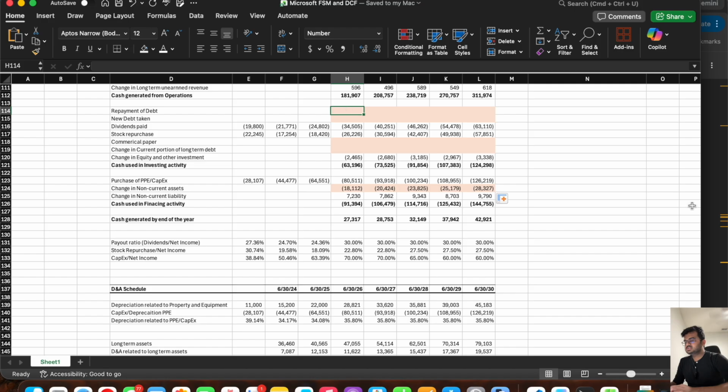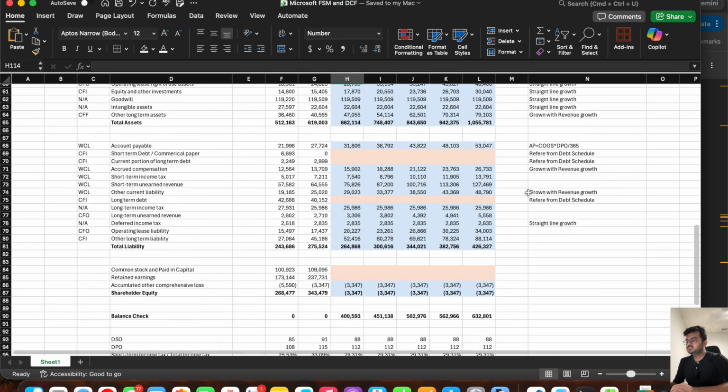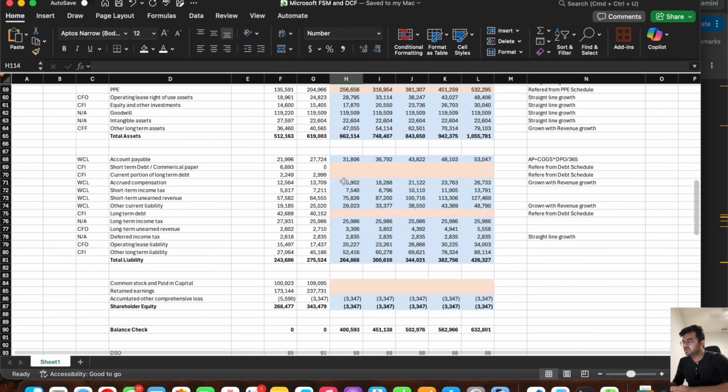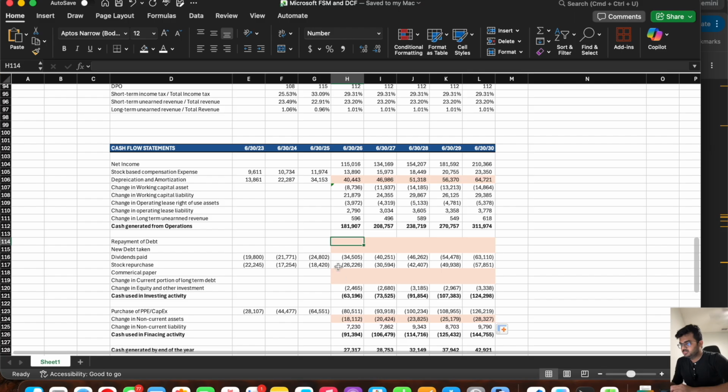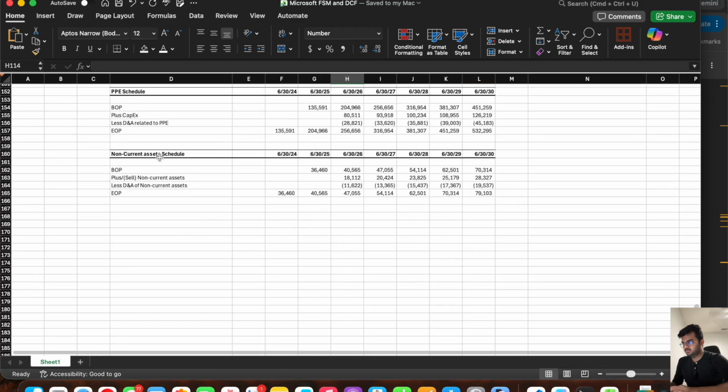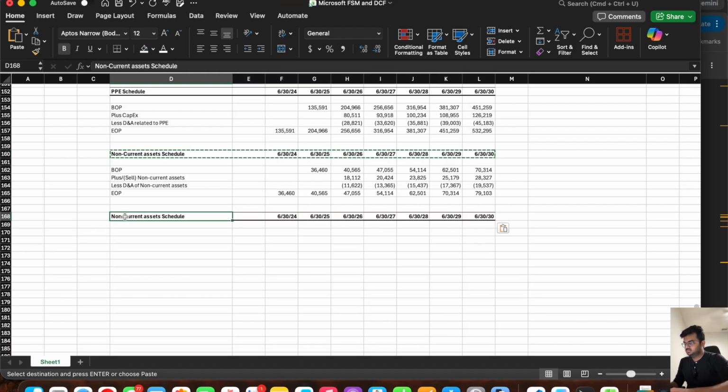For this, I can just copy paste these numbers or just type in these numbers as negative. But since I also need to go back and figure out the long-term debt and the short-term debt, I'm going to develop a schedule for this, how we did for the previous two instances. So I will call this the debt schedule.